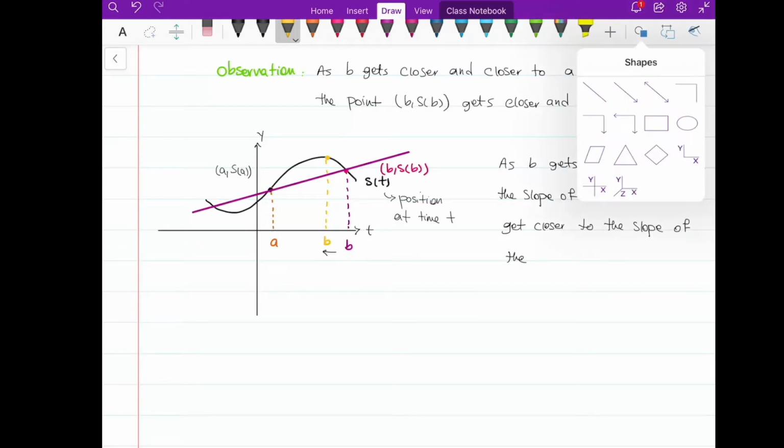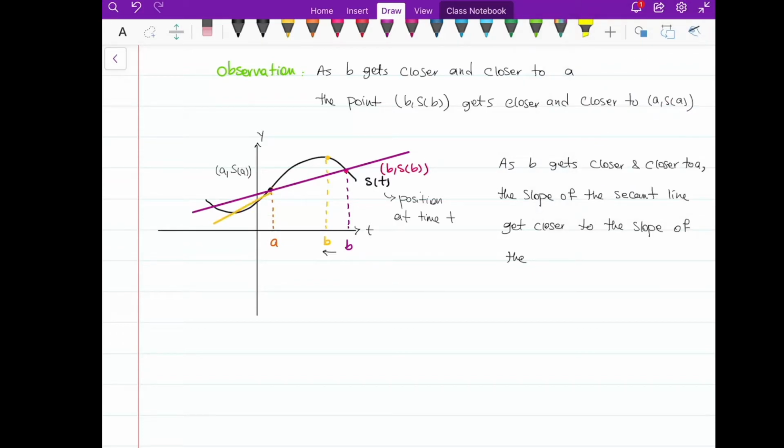Then the secant line would be this line, right? If b instead of here would be here, the secant line would be this. Now let's get b to be a little bit closer. Then the secant line would be right there. You see, the secant line is first right there, then here, then the blue line.